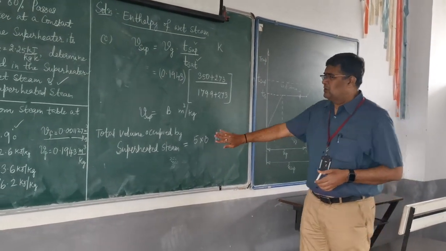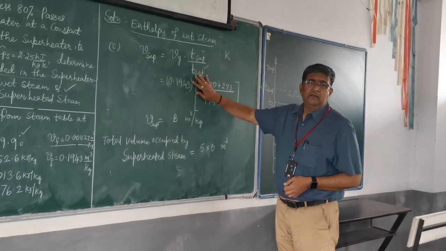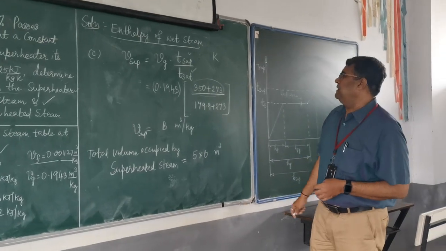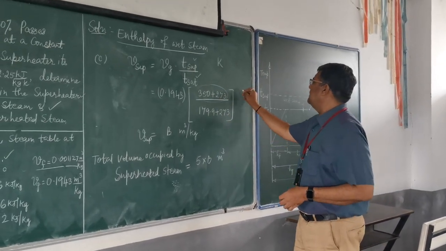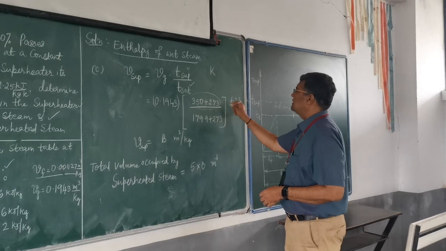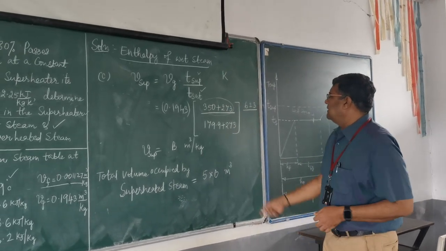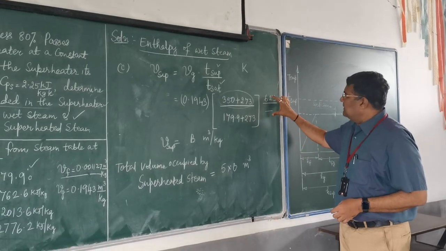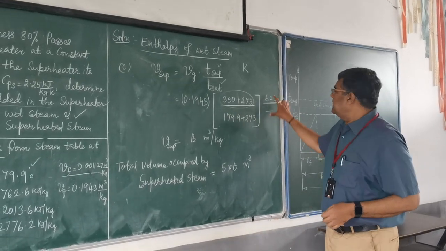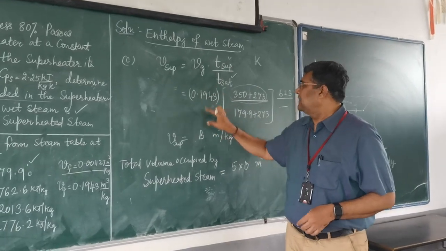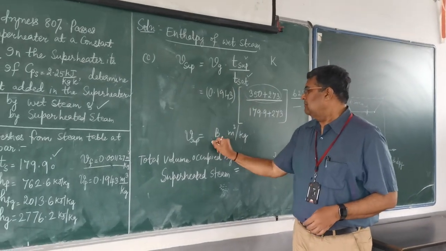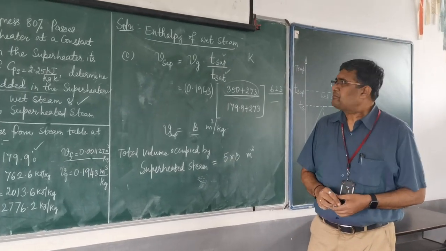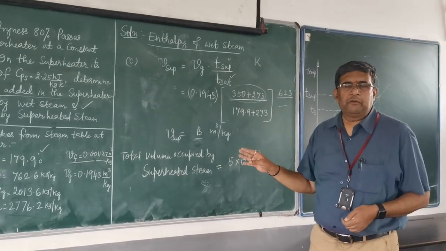You can solve this using a calculator and be careful when you are doing this. The numerator will be 623, and the denominator, you add whatever value you get and write it here, then do the division. Then multiply it by 0.1943. You will get some value. That value multiplied by 5 will be the total volume occupied. So this is how we solve this problem.